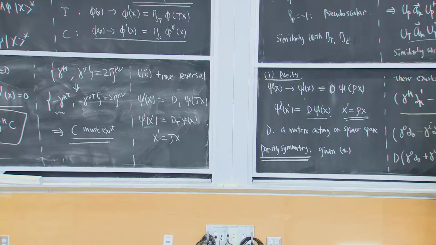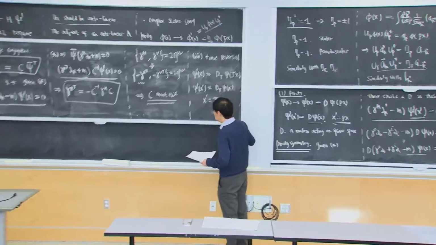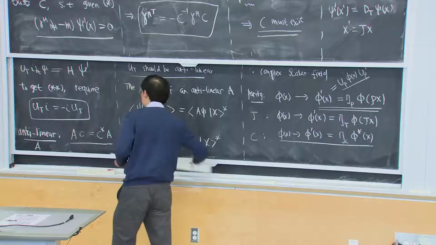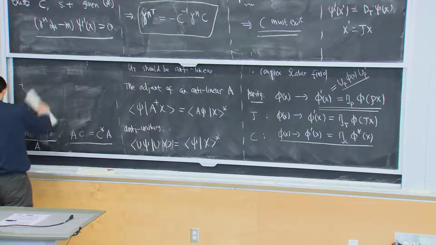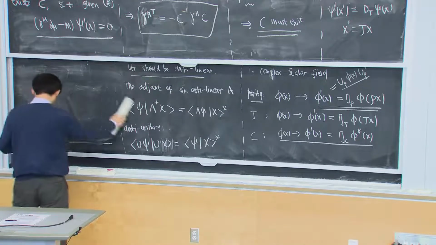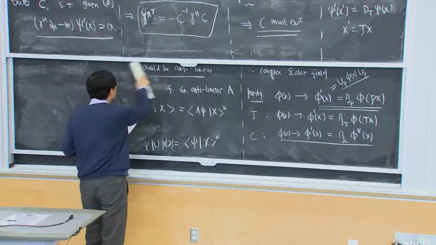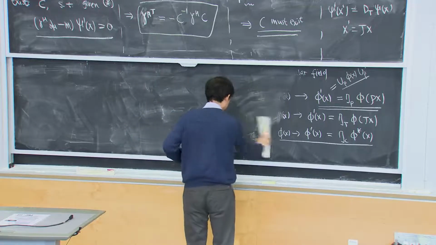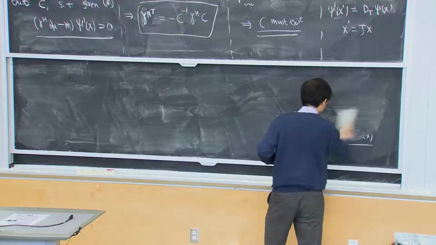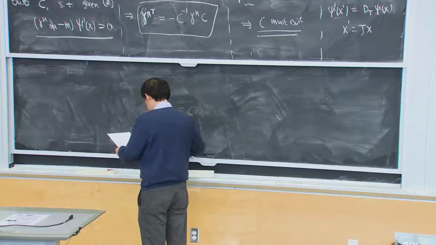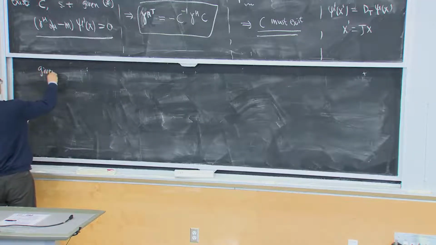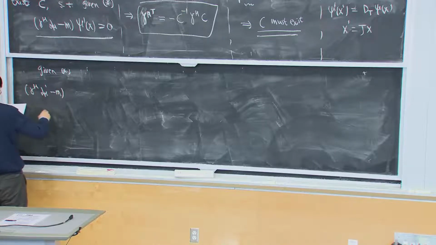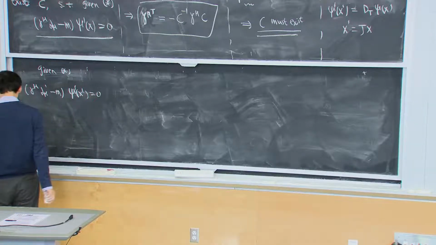And now again the statement of the time reversal is that, given star, then the gamma mu partial mu prime minus m acting on psi prime x prime equals 0 in this new frame.